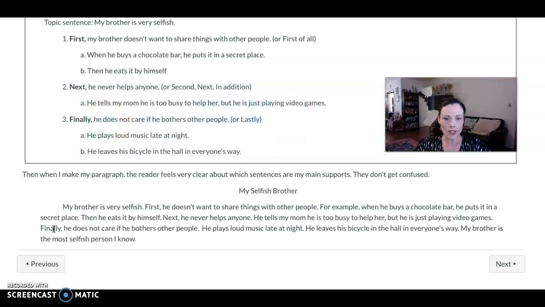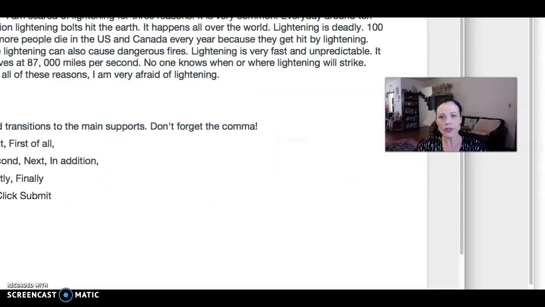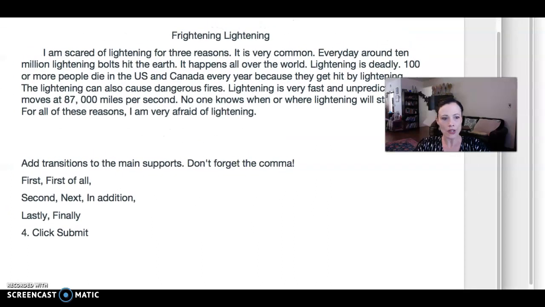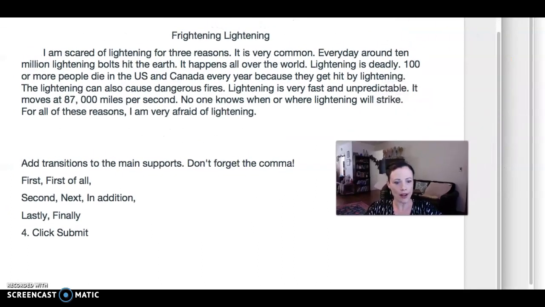So I asked you to please add transitions to this paragraph. But that means you need to know clearly in your head where are the main supports and where are the details. Okay, so clear this out.